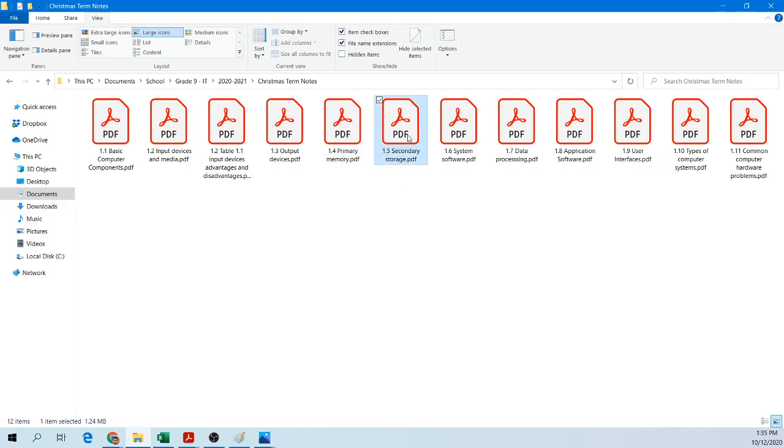I would have said you are allowed to print 1.5 secondary storage. So basically that's your breaking point until you get into writing the rest. I'll see what I allow you to print from that also. So basically in the video, I should see notes on 1.1, 1.2, 1.3, and 1.4.